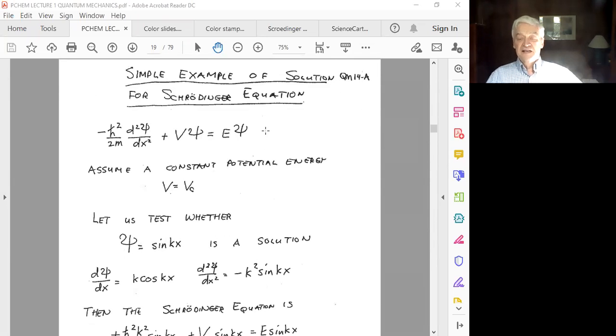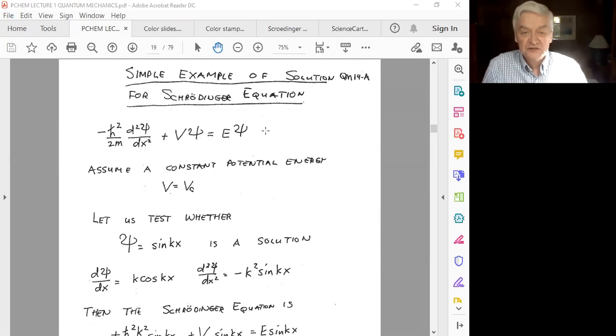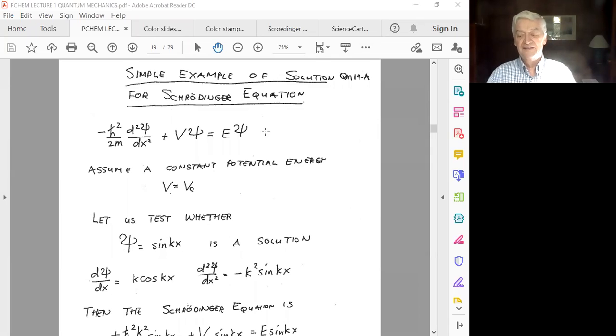All right, this next page I used to not have in my lecture notes, but I've stuck it in so that you can have a better sense of what the mathematics is like for the problem. I think I promised you last week that I would not make you solve a Schrodinger equation like this if I give you a potential energy, but I might give you the solutions and ask you to show me that they are indeed solutions.